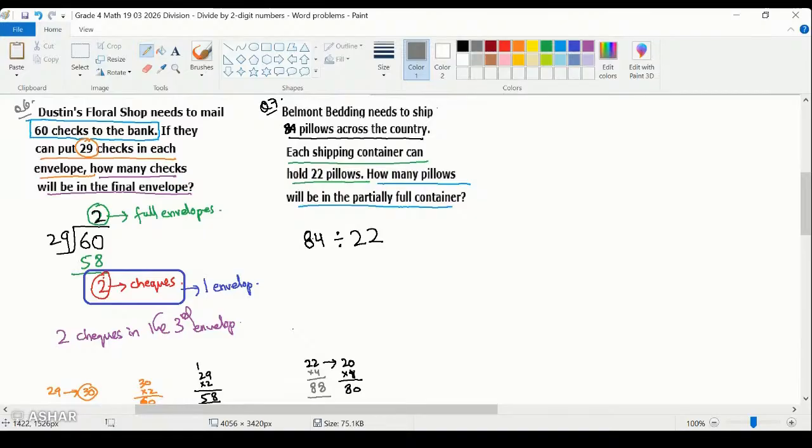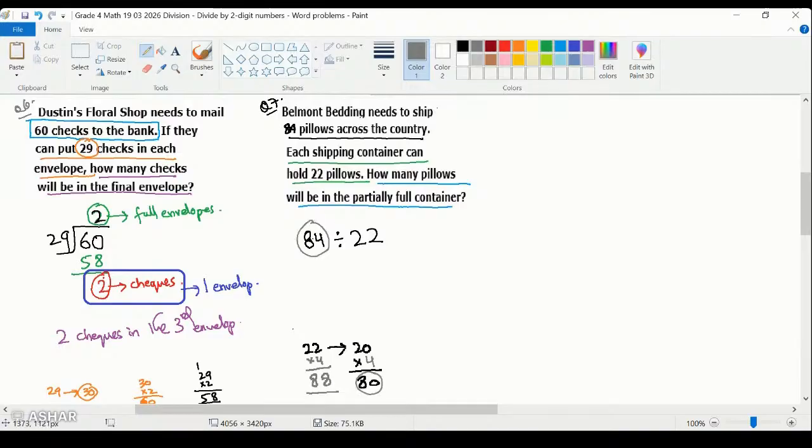What we can see over here is that if 22 was rounded off to 20, we find a number that was 80, and 80 was close to this value.